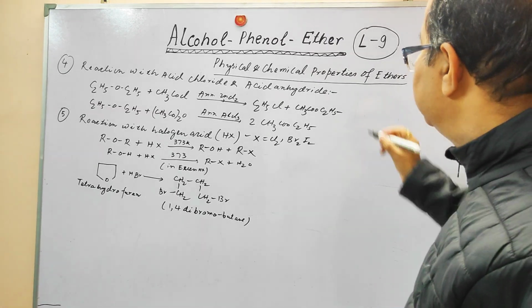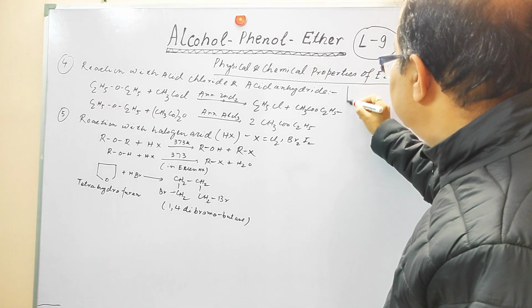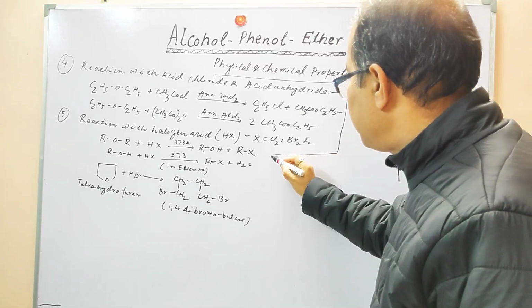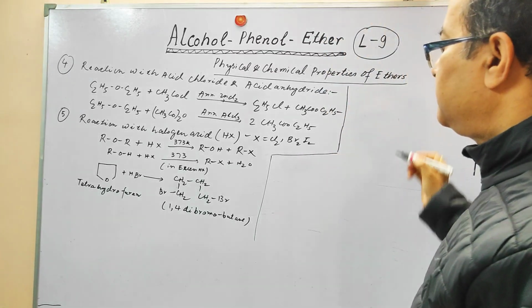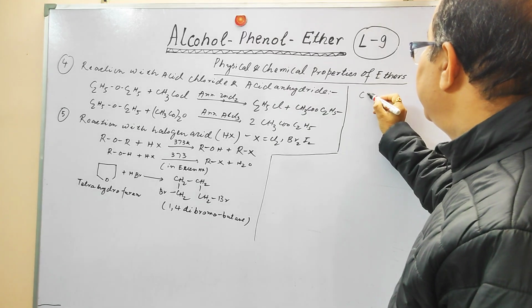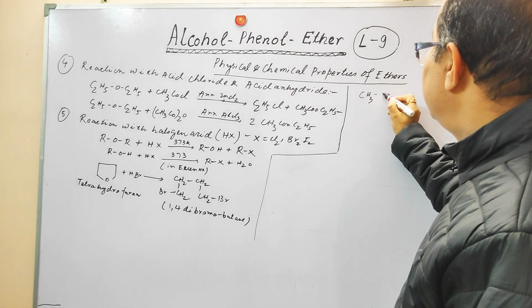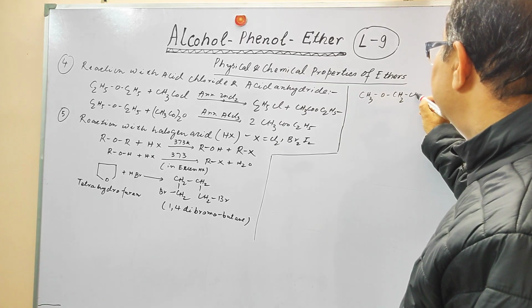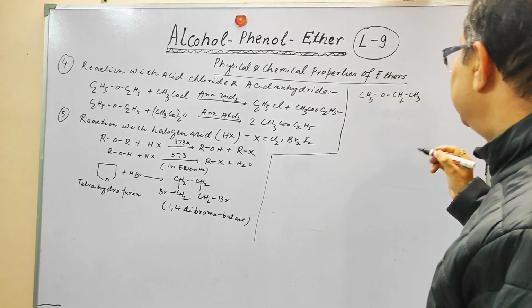Okay. Now with this halogen acid, there is a very interesting thing. Let us understand it. First, suppose we have taken CH3OCH2CH3, that is ethyl methyl ether.